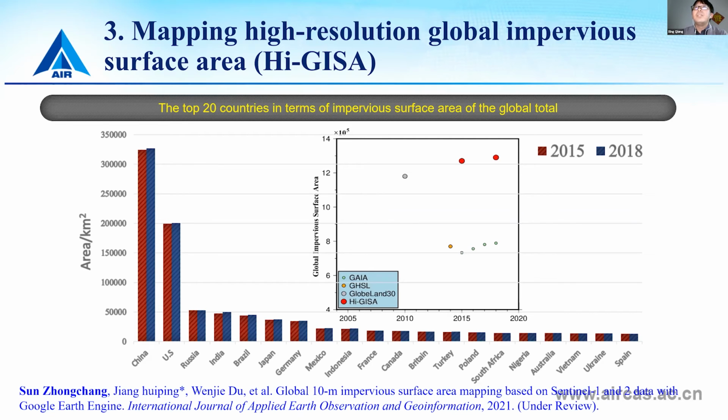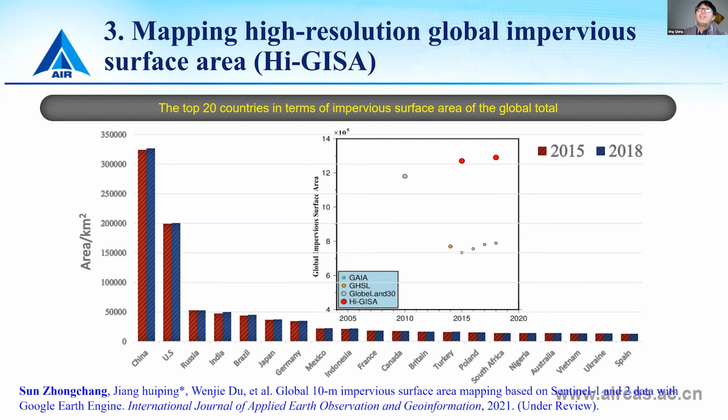And here is the summed result from the different products. We can see that HGISA product has a similar distribution with GlobeLand30, because our data is 10 meters, their data 30 meters.